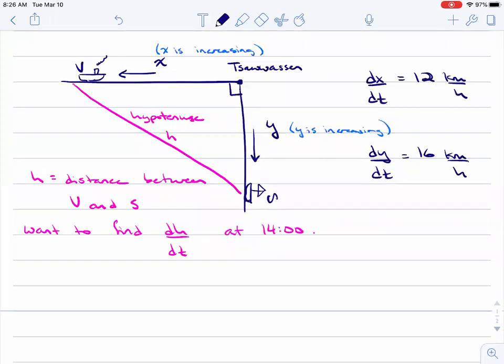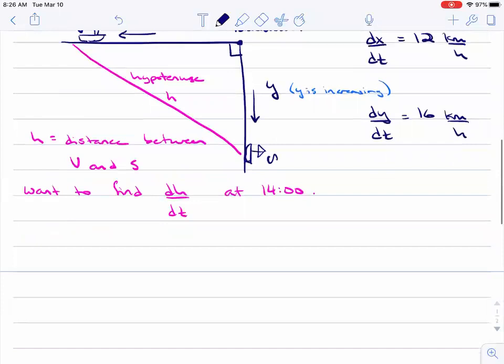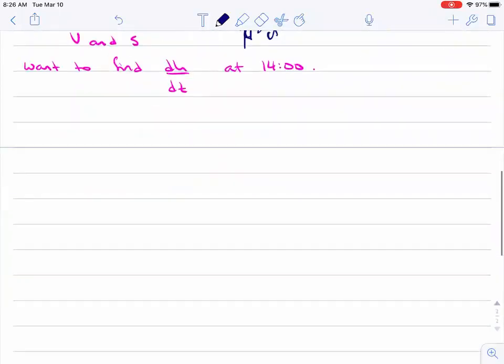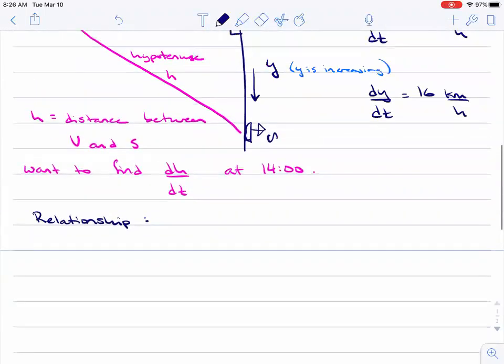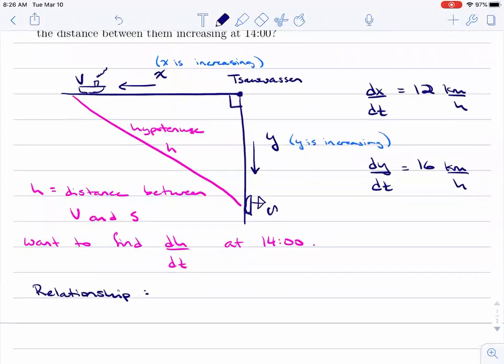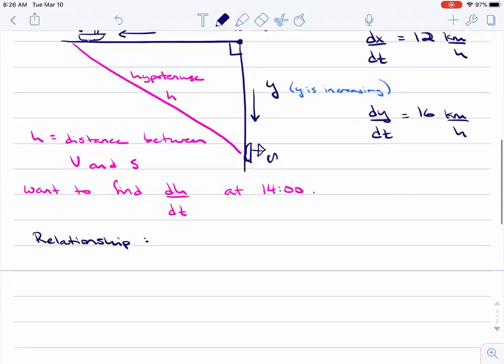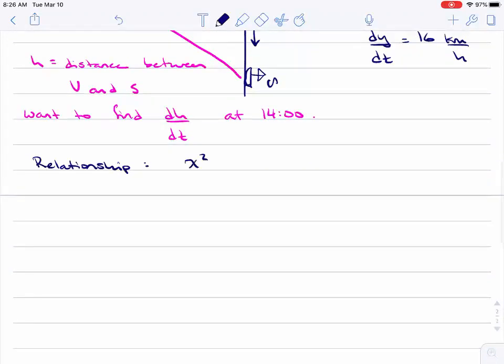Okay, so the next thing that we want to do, this is where the work starts, right? And even this part might feel pretty good. So we want to establish the relationship between dx dt, dy dt, and h and dh dt, right? Relating x, y, and h is going to be x squared plus y squared equals h squared.